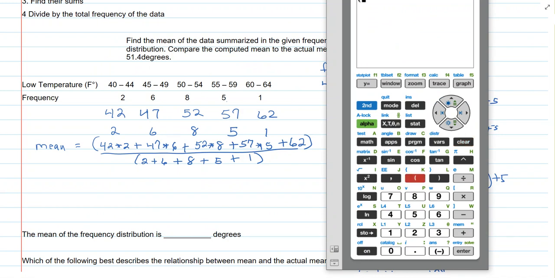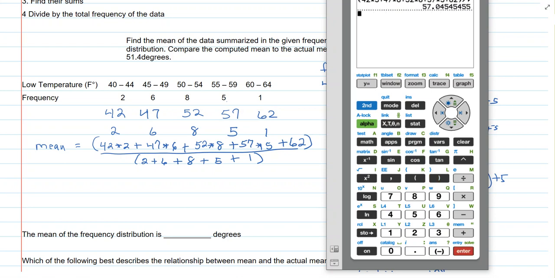So I'm going to enter parentheses, and I'm going to do 42 times 2 plus 47 times 6 plus the 52 times 8 plus the 57 times 5, making sure I've got the times, plus 62, close parenthesis, divided by, open parenthesis, 2 plus 6 plus 8 plus 5 plus 1, close parenthesis, and enter.